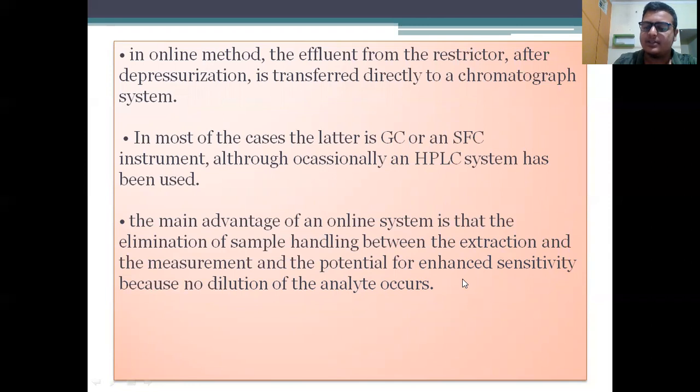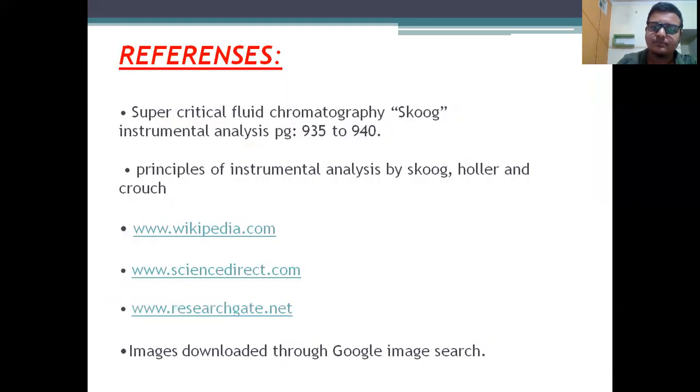In the offline method, in order to elute the separated components, we have to dilute with some solvent. But in the online method, we do not need any dilution. We can just introduce the sample into the gas chromatography, supercritical fluid chromatography, or HPLC method to quantify and identify the various components present in the sample.